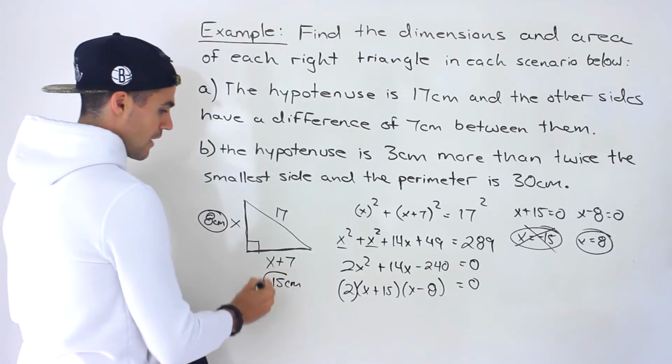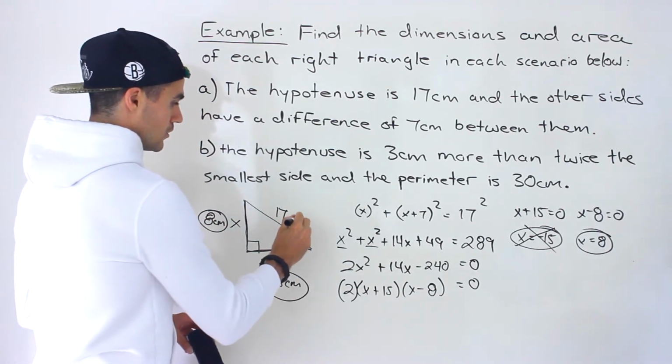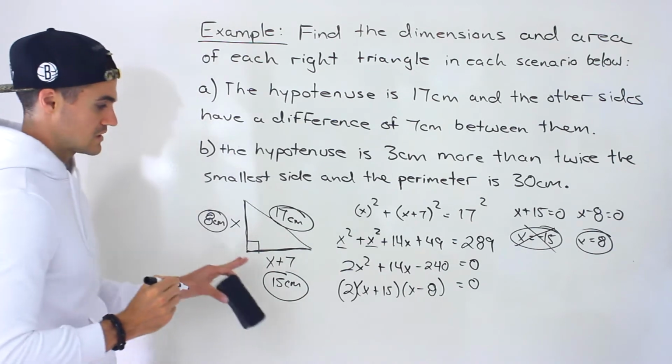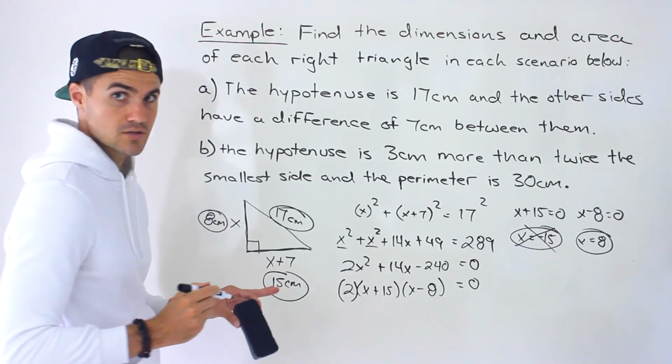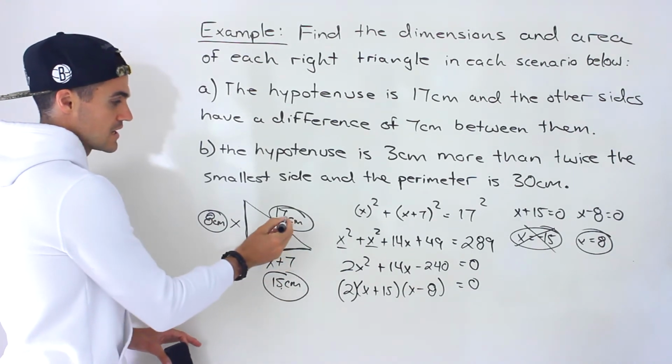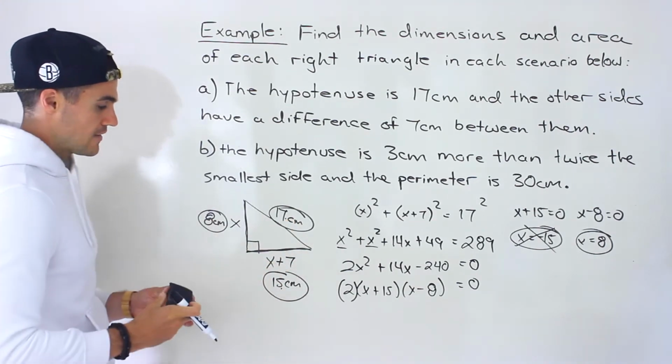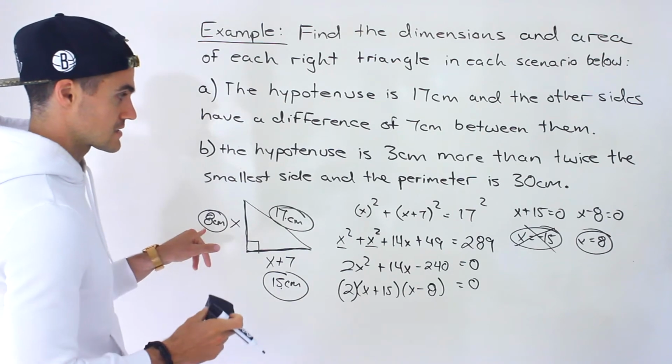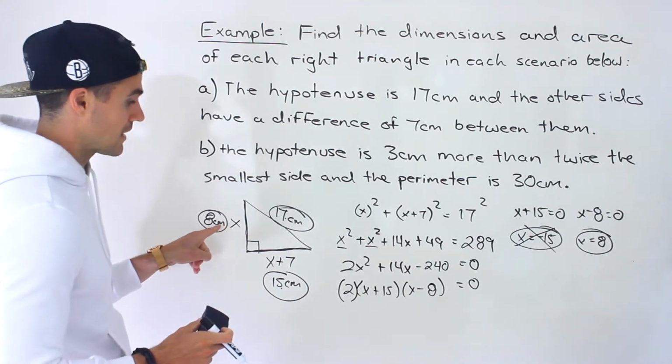And so those would be the dimensions of this right triangle, right? 8 centimeters, 15 centimeters, 17 centimeters. And then you can also test this and make sure that the Pythagorean theorem holds.